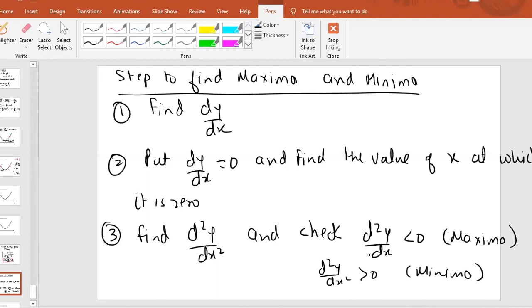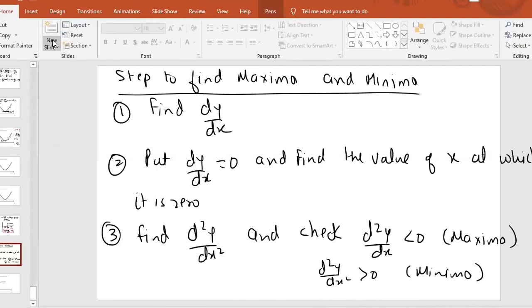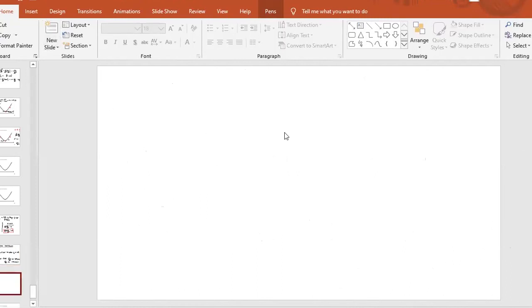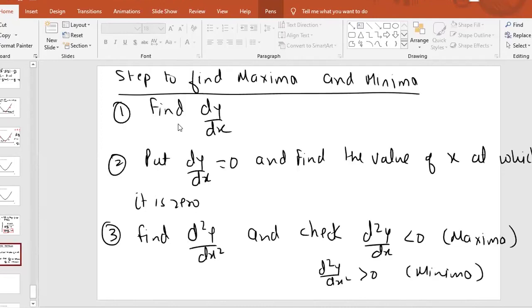Okay, so I hope you understood. We'll do one problem for this, then you will have a better understanding of this. See, I will detail the steps again. First find dy by dx, then put dy by dx as 0.